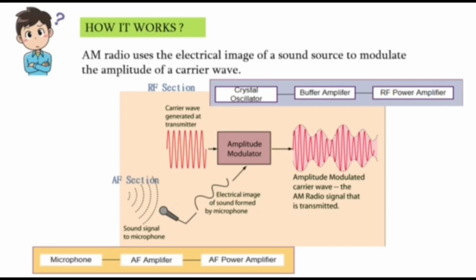The buffer then isolates the RF power amplifier from the oscillator. In the modulator, the RF wave and modulating AF signals are mixed to produce the amplitude modulated wave. The output of this section is then fed to the antenna for transmission. So, that's all for the amplitude modulation application of radio broadcasting transmission.